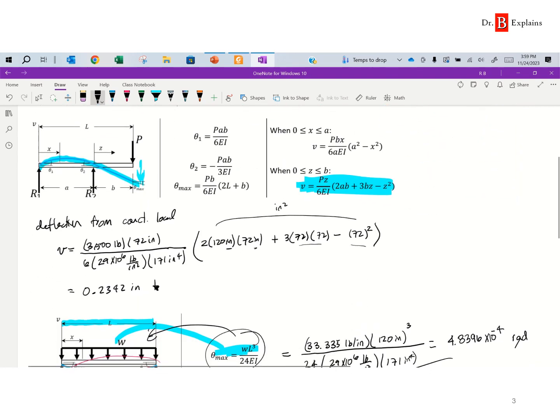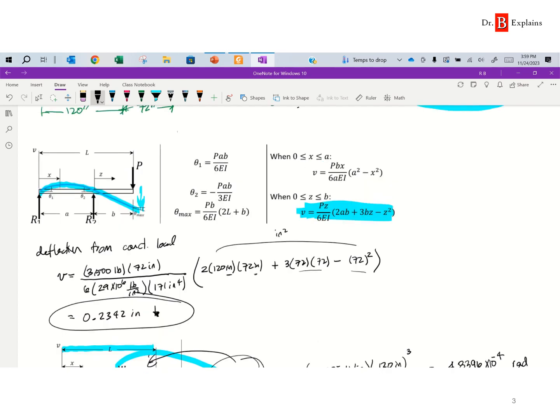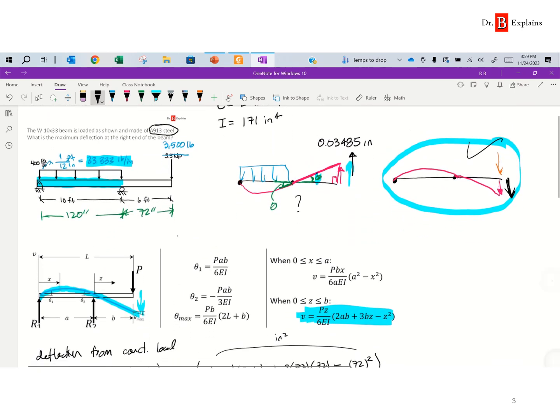The other end, that quantity was 0.2342 inches, and that's downward, right? We can see that that number is much, much bigger. They're acting in opposite directions, so we're going to have to take the difference.